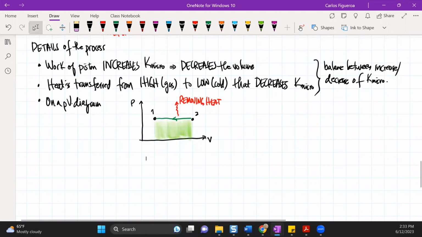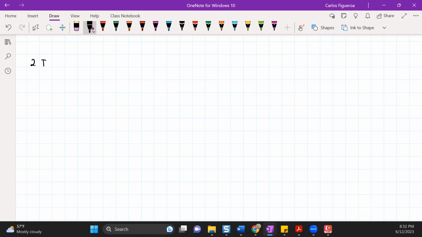Okay, so now we have 2 more processes to go after. Process 2, isochoric, which is a constant volume process.